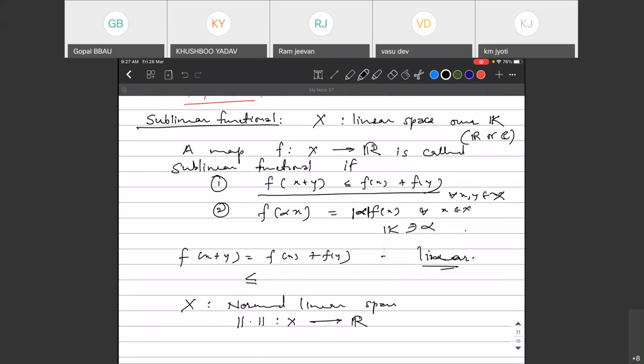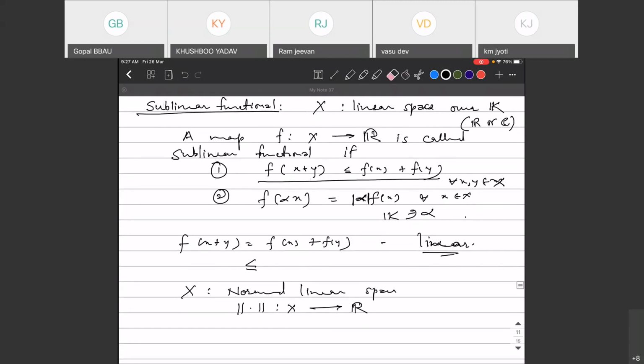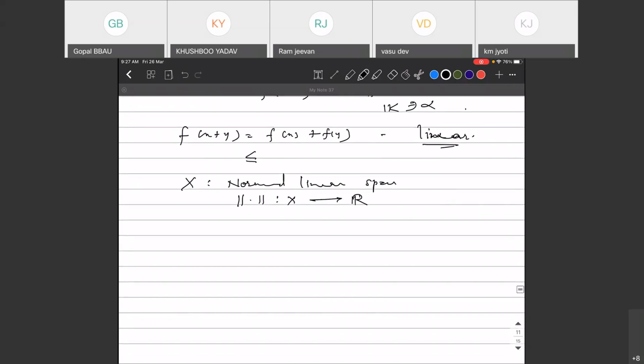So we are taking X to R. So here, you know the norm of x plus y is less than or equal to norm x plus norm y. Correct?